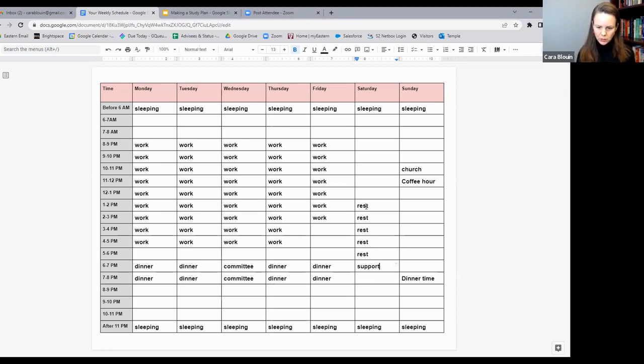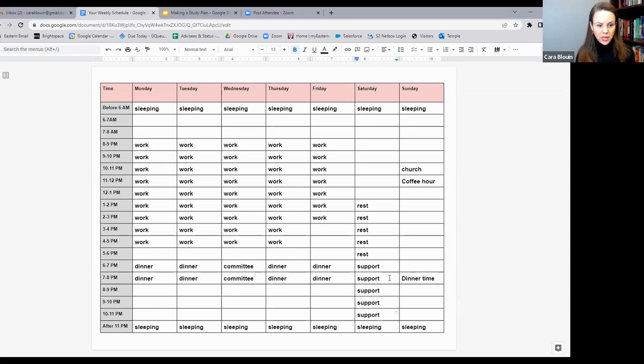So that's usually when they're free, and that's usually when I can get childcare if I need it. So let's put support on Saturday night. Maybe on Saturday night, I'll be able to go out, spend time with my friends or with my sister or something like that so that I can get filled up a little bit.